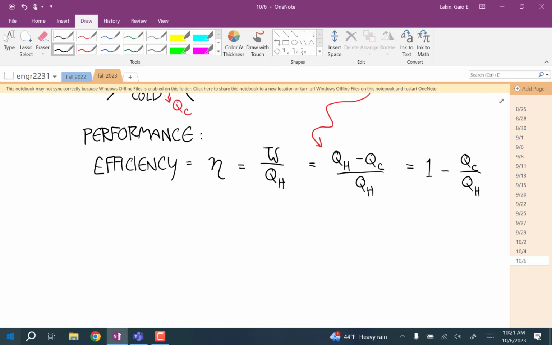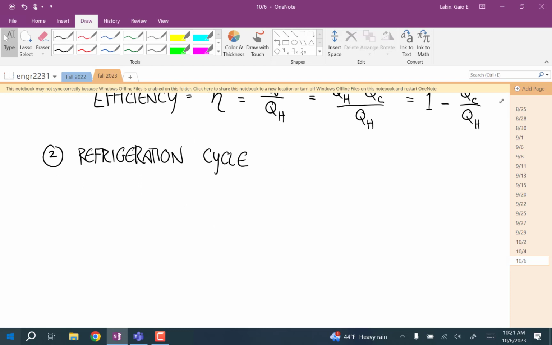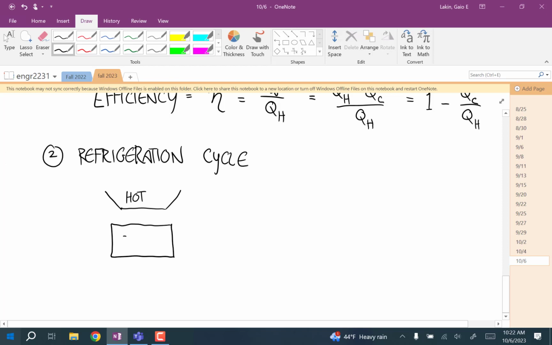The next one is a refrigeration cycle. So again, we have a hot reservoir, we have our system, and a cold reservoir.